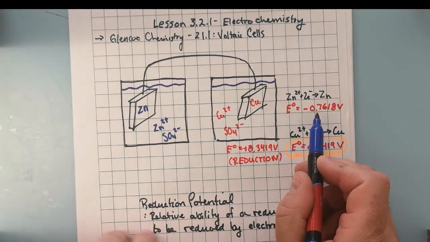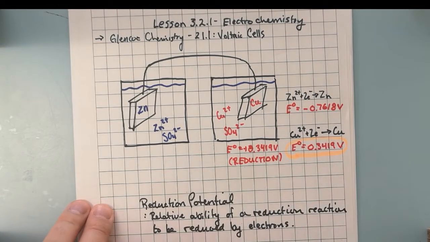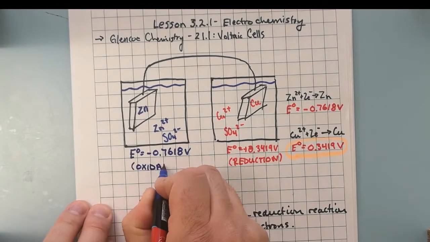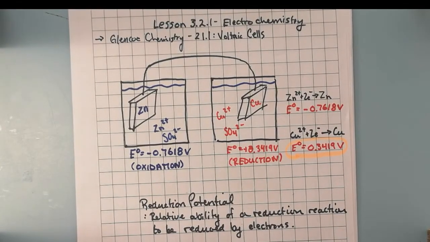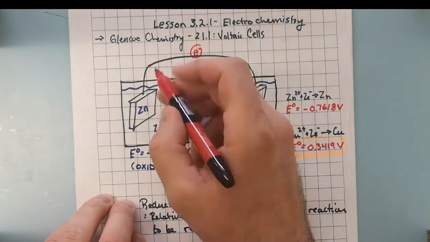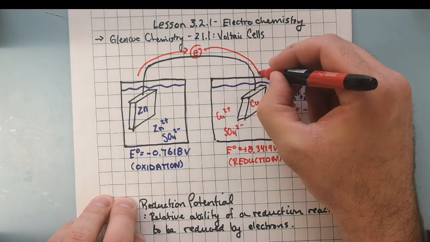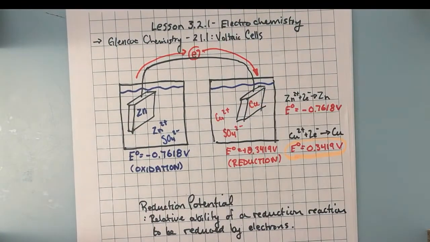The metal with the lesser reduction potential will be oxidized. This means that electrons will flow from our oxidation half reaction to our reduction half reaction.